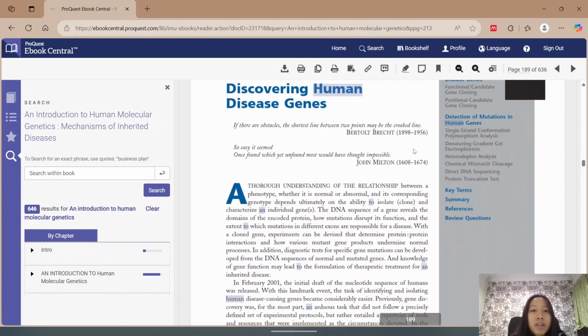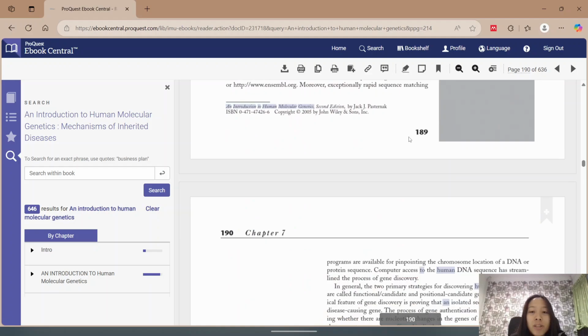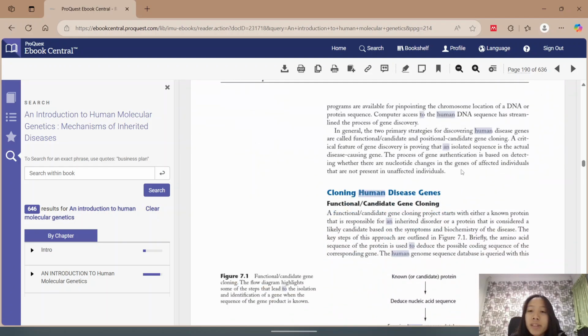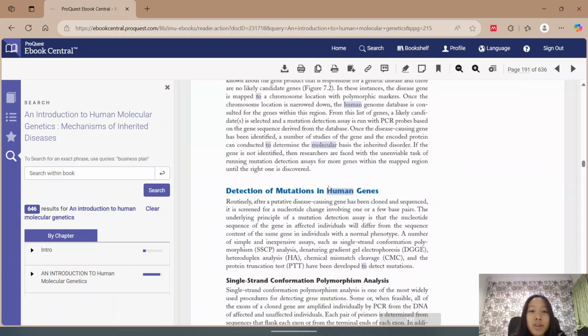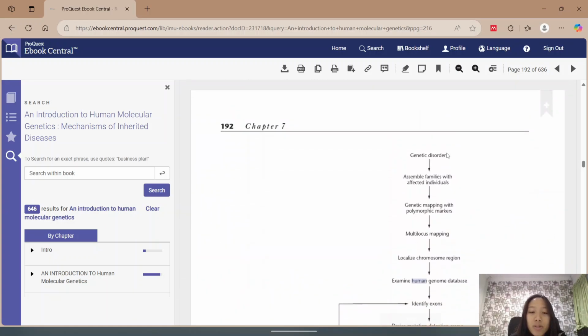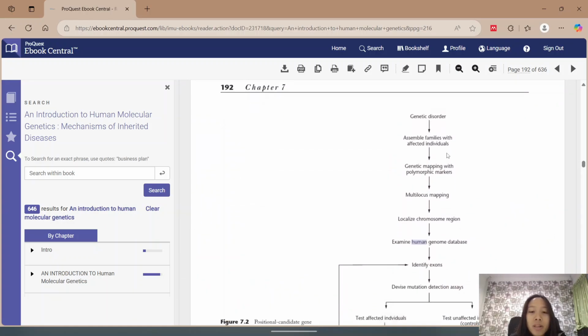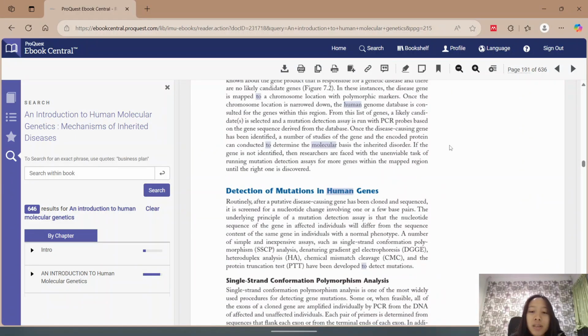So discovering human disease genes will go into more detail about cloning human disease genes and also detection of mutations in human genes. You can take a look at each section by just scrolling down and looking through each of the different sections and subsections that are covered.